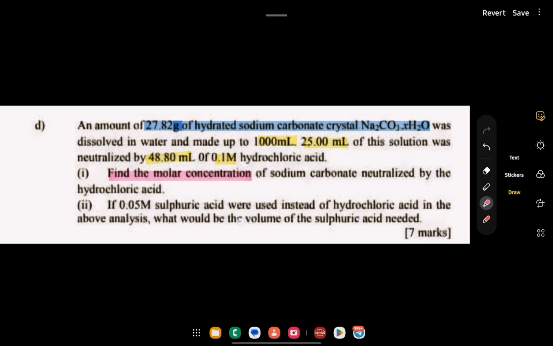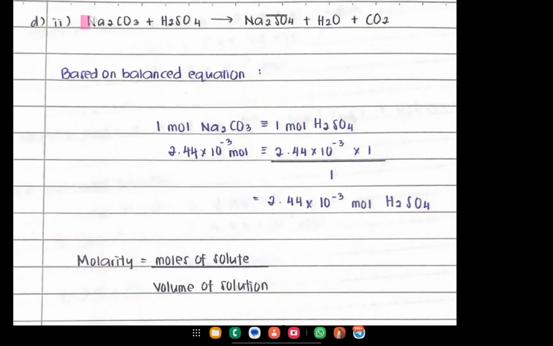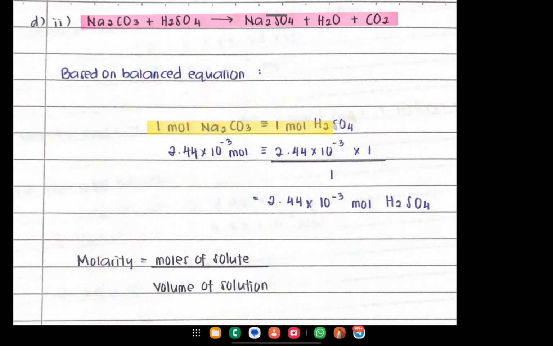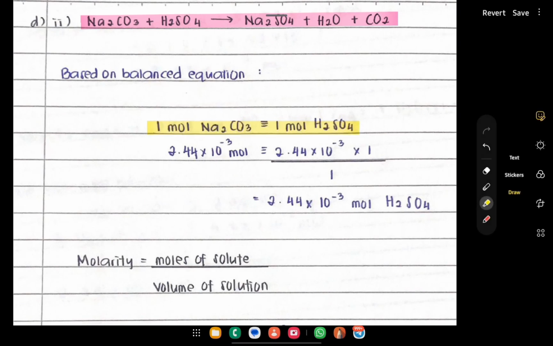For question D2, we need to find the volume of 0.05 molar sulfuric acid. First, we need to write a new equation. Make sure it is balanced. Then we can do the stoichiometry. 1 mole of Na2CO3 reacts with 1 mole of H2SO4.